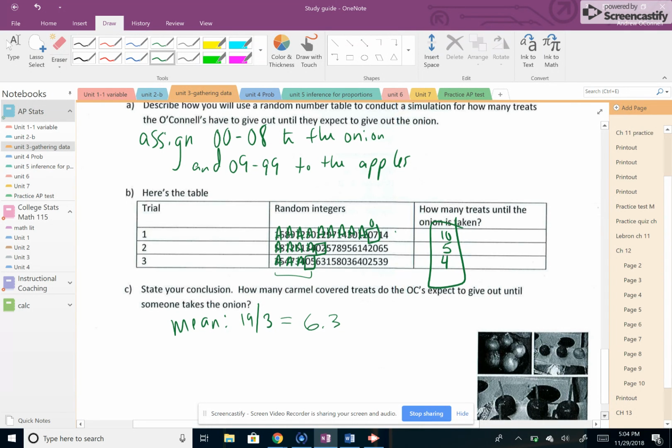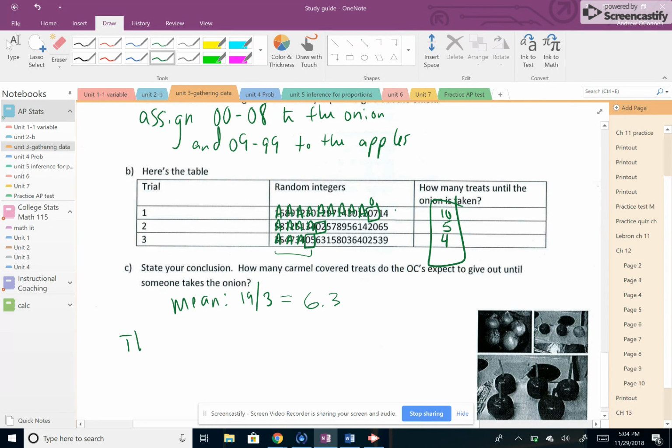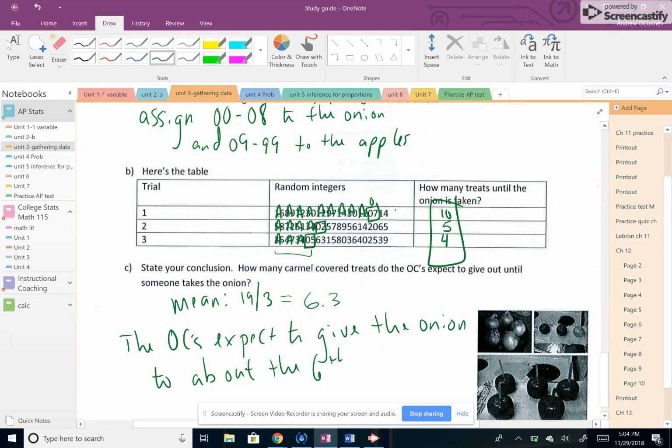So say something like, the OCs expect to give the onion to about the 6th trick-or-treater.